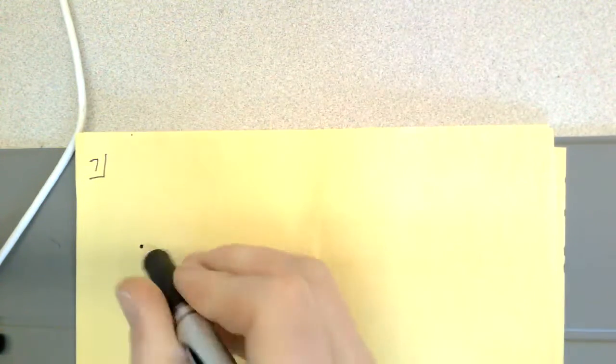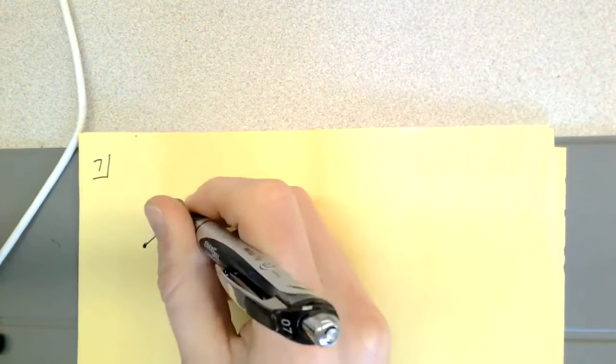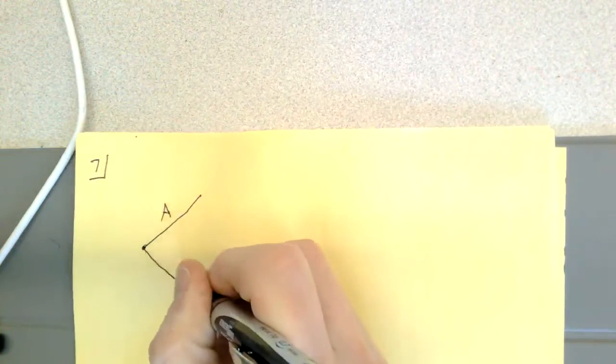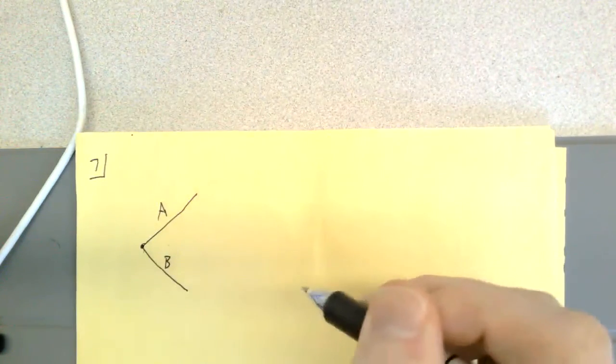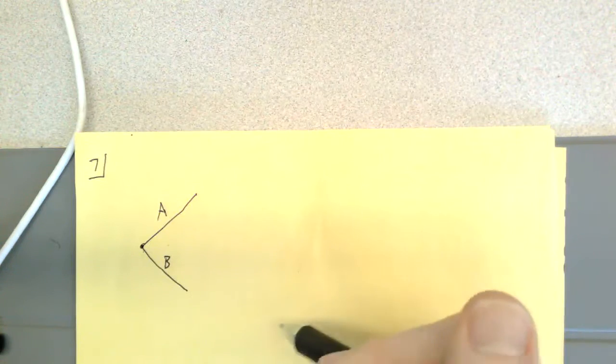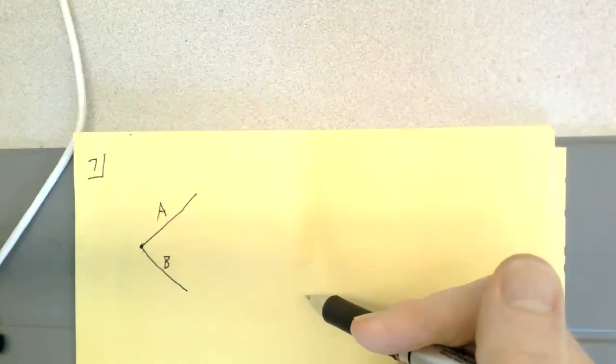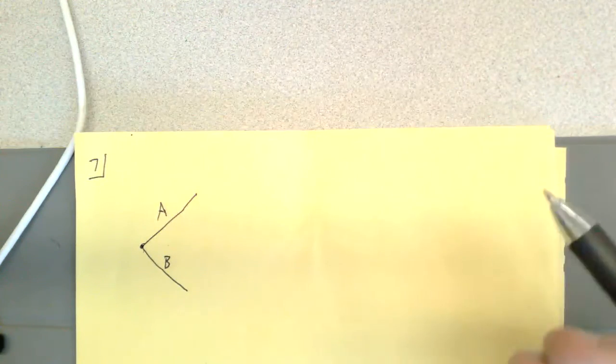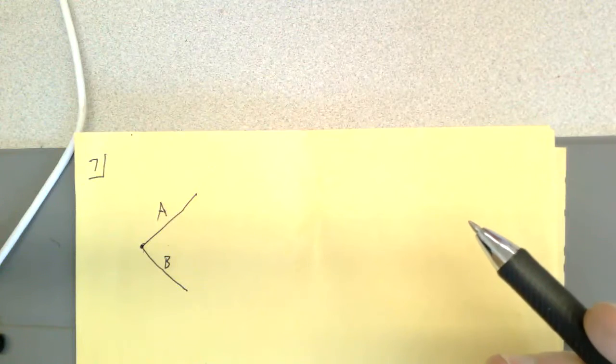So basically, there are two machines, A and B, and there's essentially some kind of test, and the parts being produced by these two machines could pass or could fail the test.